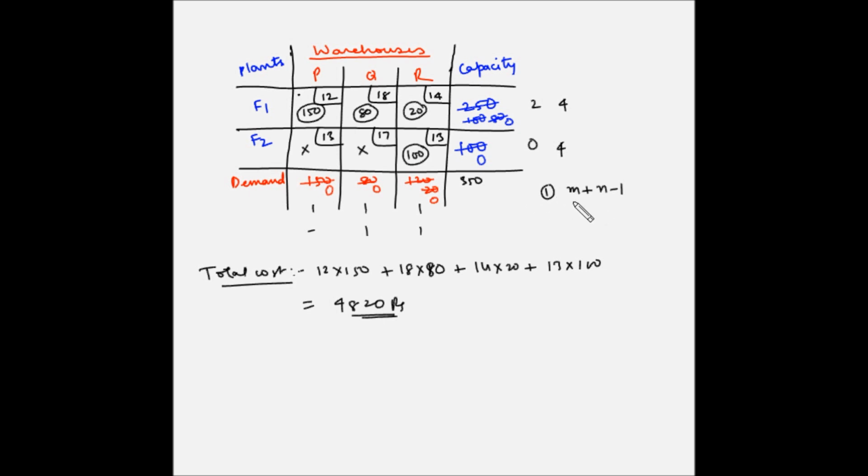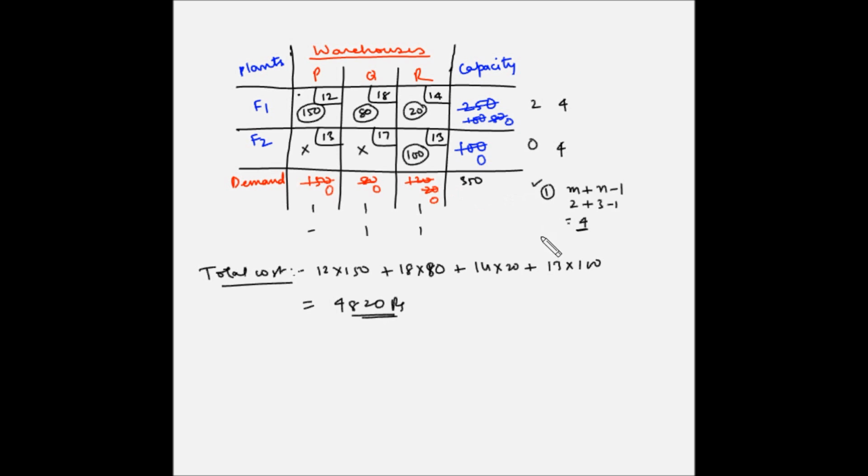So we have 2 rows and 3 columns. So this becomes 2 plus 3, 5 minus 1, which is 4. Now let's find out the number of allocations that we have. So we have 1, 2, 3 and 4 allocations. So the first condition here has been met.